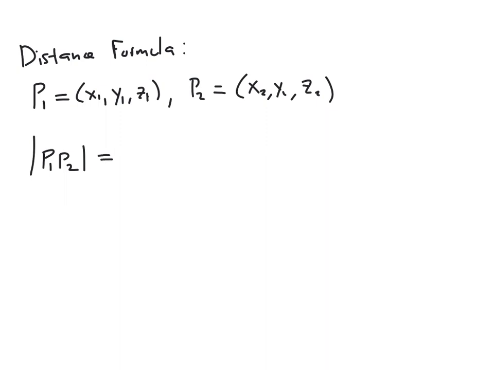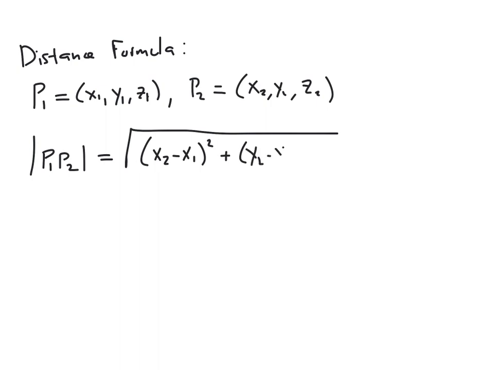So we're going to put the points next to each other, P1, P2, with vertical bars around them, kind of like absolute value bars. And so this will be, by definition, the distance between them. So as we just saw, this will be x2 minus x1 squared plus y2 minus y1 squared plus z2 minus z1 squared, and then the square root of that entire expression. All right, so this is our distance formula that we can use for any 2 points.